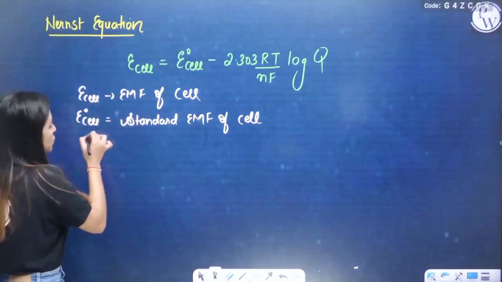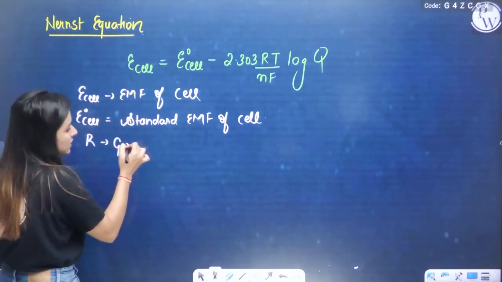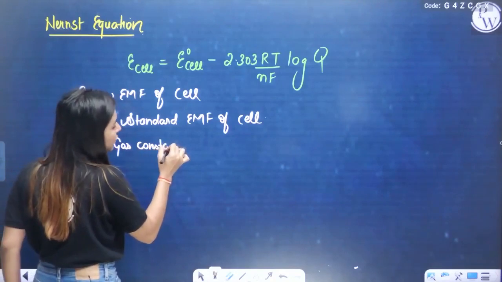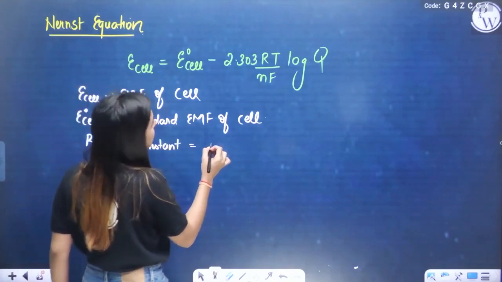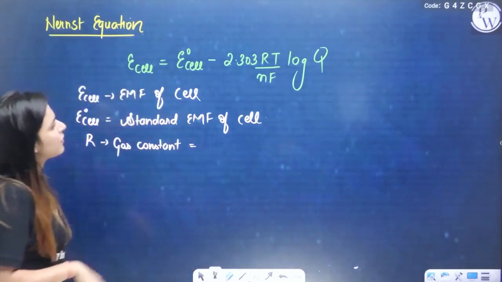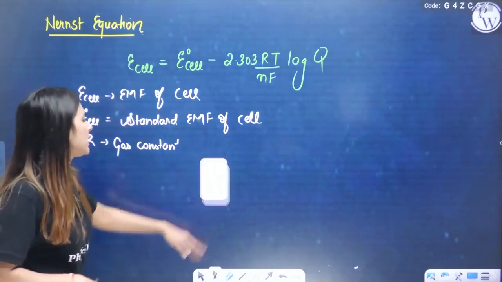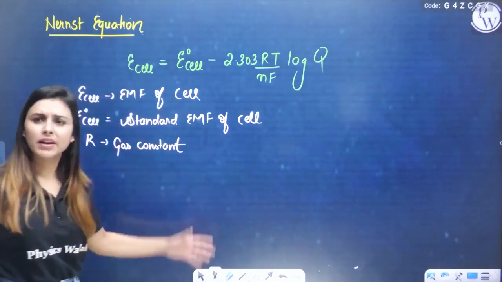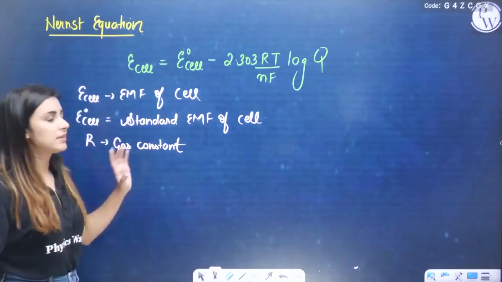What is R, my dear students? R is your gas constant. Are we supposed to calculate its value? No, you need not remember the R value. So let's write it as R is the gas constant.